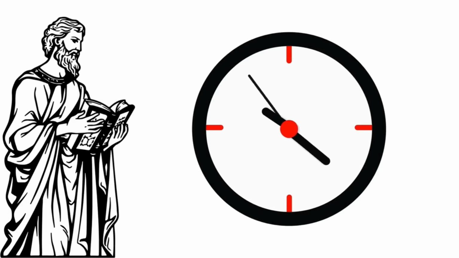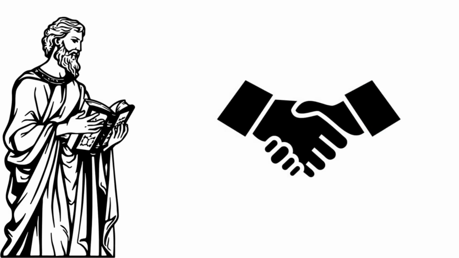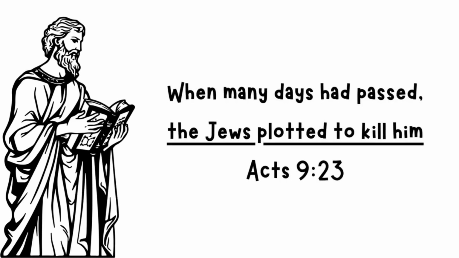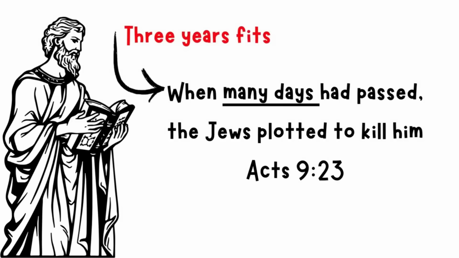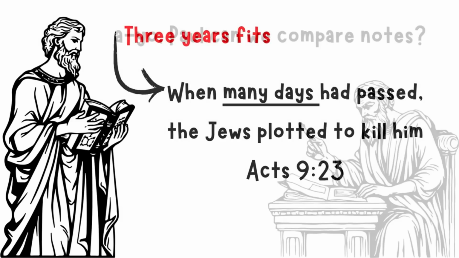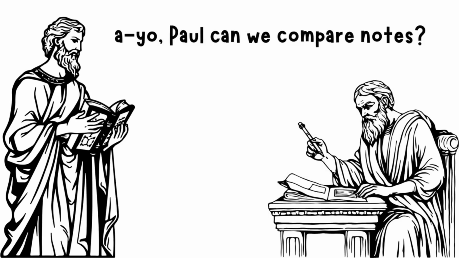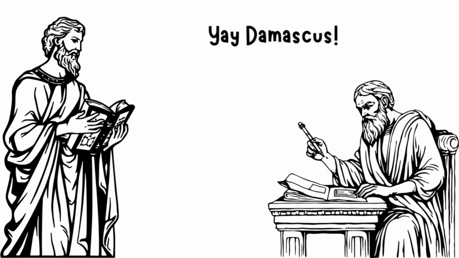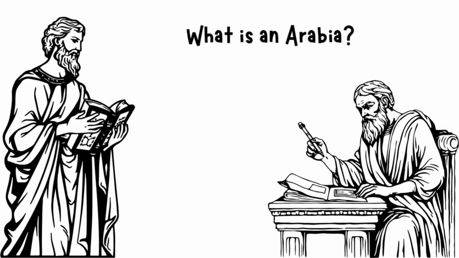Now, it's not like these differences between Acts and Galatians can't be reconciled. The Acts writer says Paul left Damascus because of a plot against him after many days, which could include 3 years involving a trip to Arabia and a return to Damascus that Acts doesn't mention. But if the author of Acts was using Galatians to try and match things up, they probably wouldn't have put in the Damascus part based on Paul's passing comment, while ignoring the trip to Arabia or the 3-year gap.